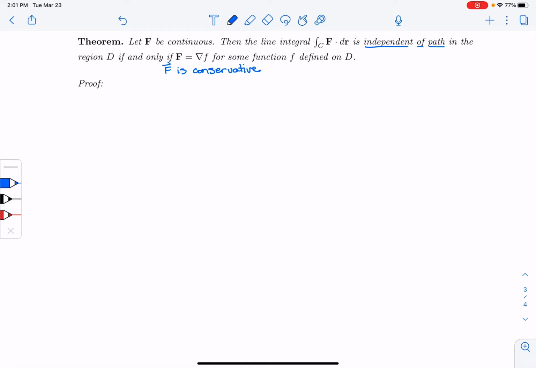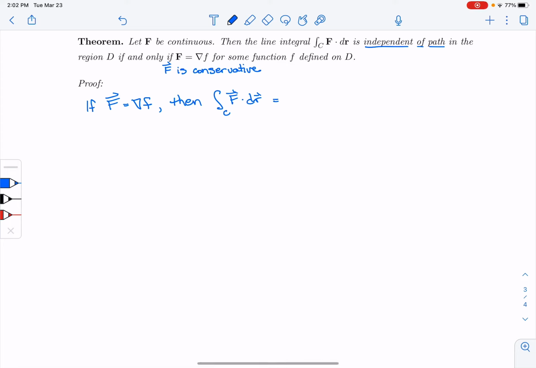So we actually have to show two things. First, we have to show if capital F is equal to the gradient of little f, so if my vector field is conservative, then the integral of capital F dot dr is independent of path.